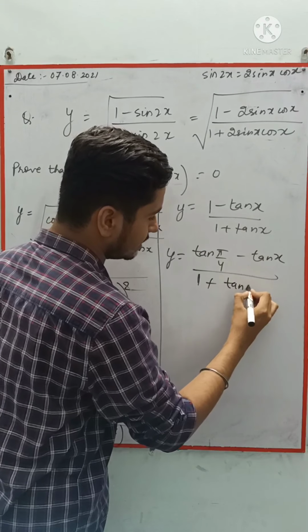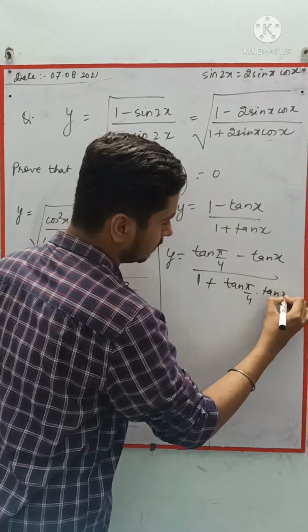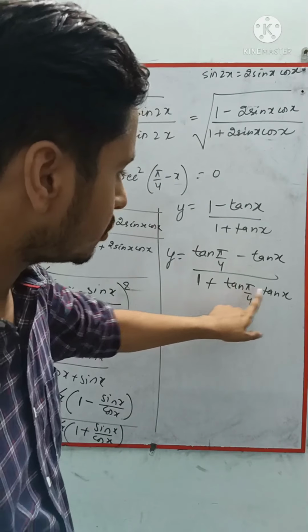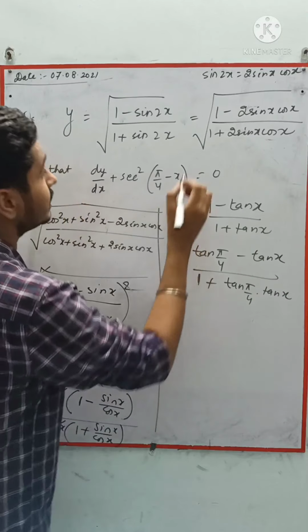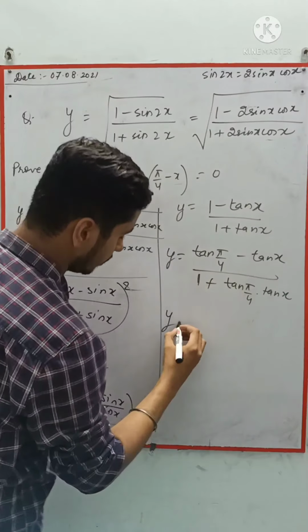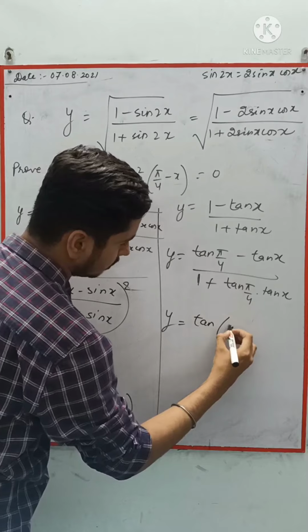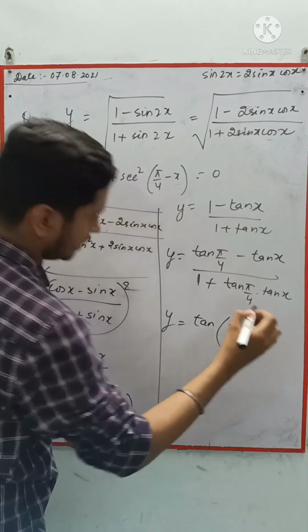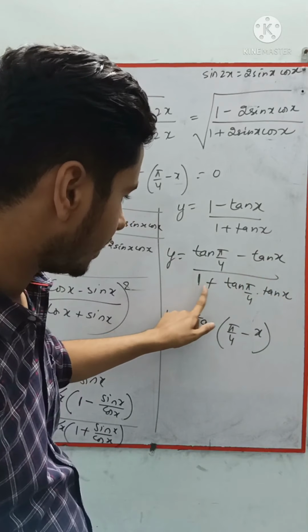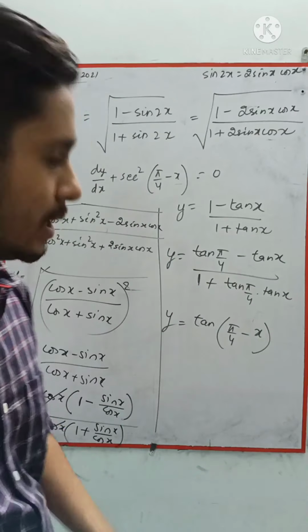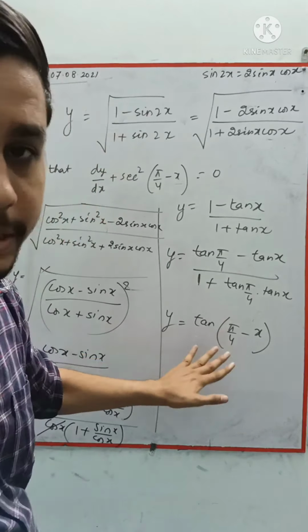Can I write tan x as tan pi by 4 into tan x? Because tan 45 is 1 and 1 into tan x is tan x only. So this is actually an identity of tan a minus b, because tan a minus b is tan a minus tan b upon 1 plus tan a tan b. I hope this is clear to you.